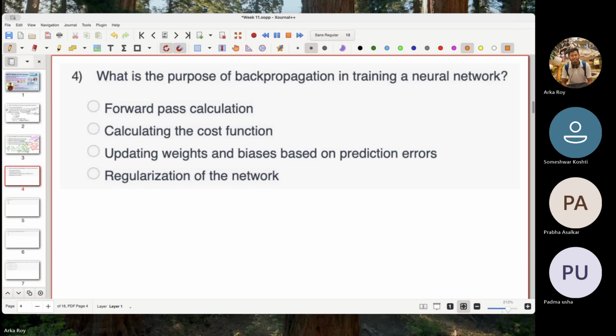Okay. Next question states: what is the purpose of backpropagation in training a neural network architecture? Let's say you have an image of a person and an image of a cat.